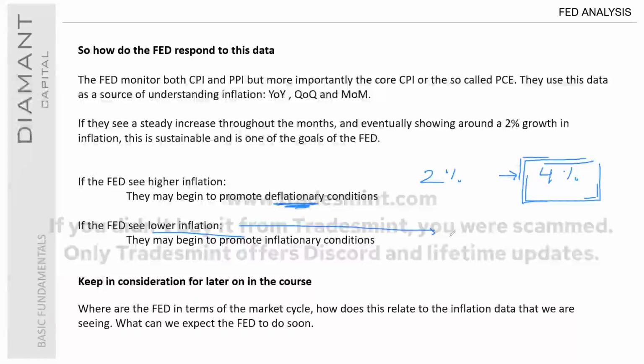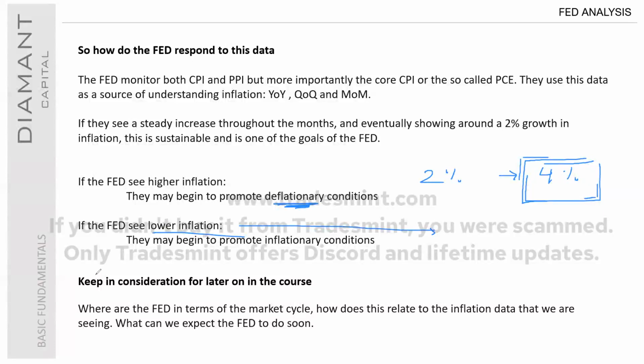Now, the job and employment thing doesn't happen because of the inflation alone, but everything comes together with monetary policy. If you're in very deflationary times, you're going to see the Fed want to promote inflationary conditions to get the economy to start moving, to see that economic activity. So keep this all in consideration for later on in the course.